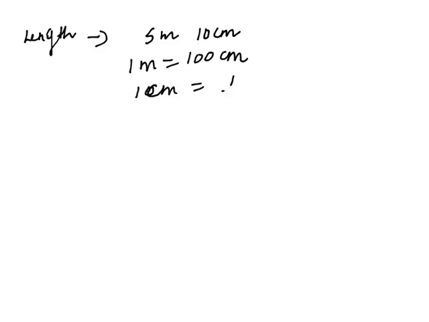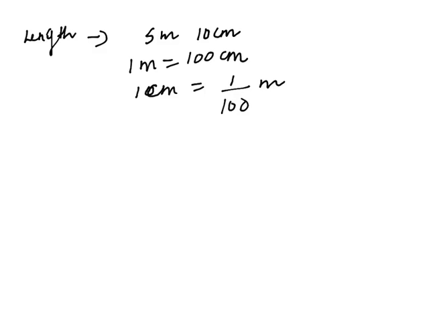Suppose we have 5 meter and 10 centimeter. How can we write it with the decimal point? Here we know 1 meter equals 100 centimeter, so 1 centimeter is equal to 1 by 100 meter.